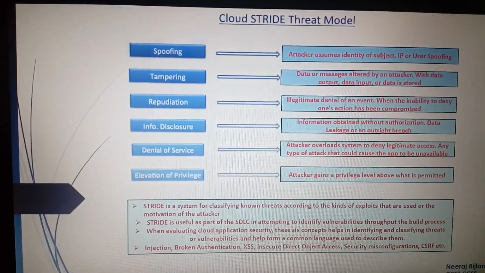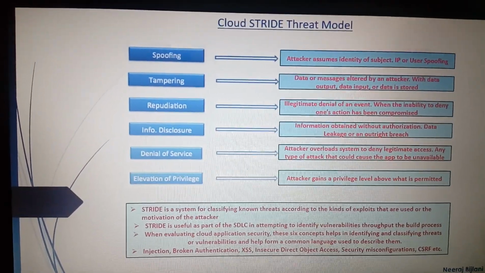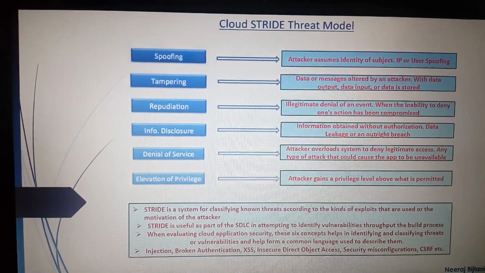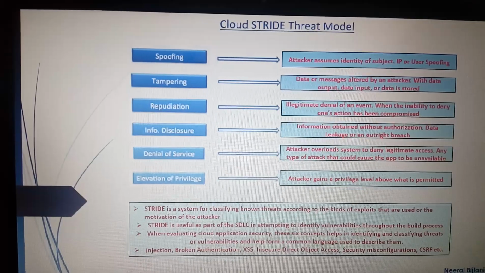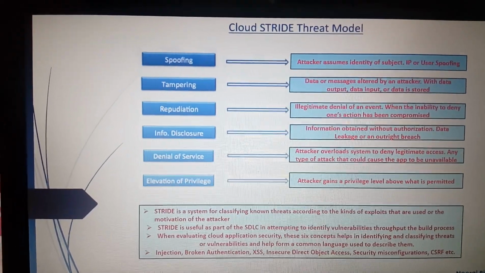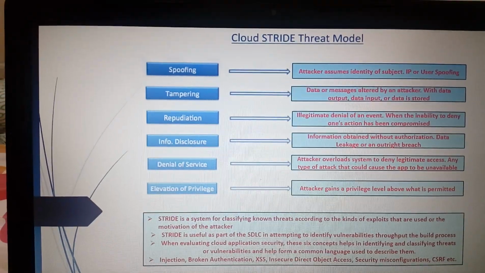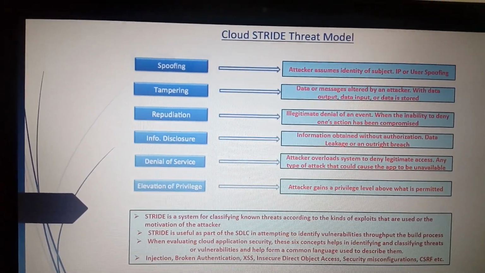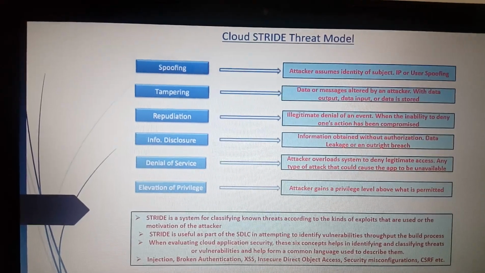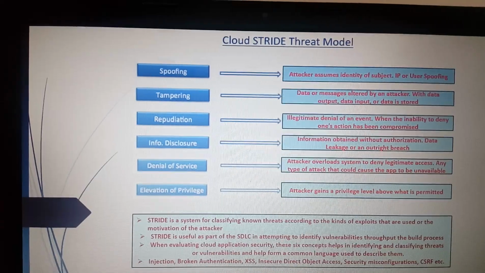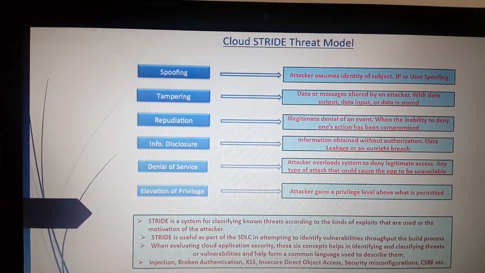So STRIDE is a system for classifying known threats according to the kinds of exploits that are used or the motivation for the attacker, right? These are the six concepts you see on the screen: spoofing, tampering, repudiation, information disclosure, denial of service, and elevation of privilege.